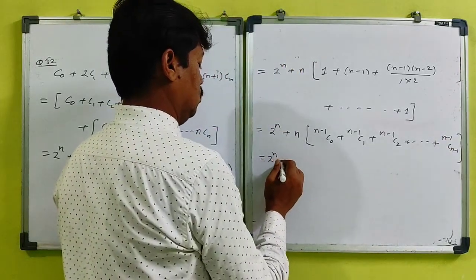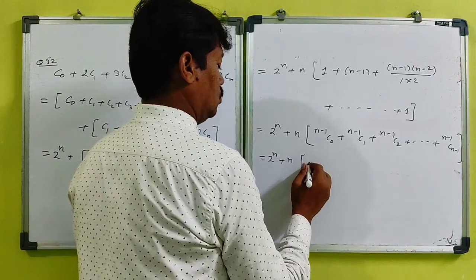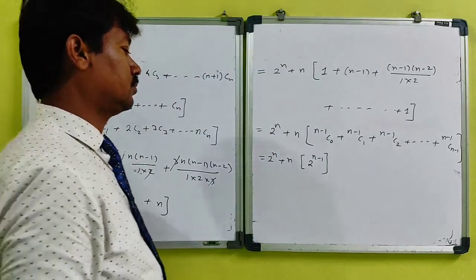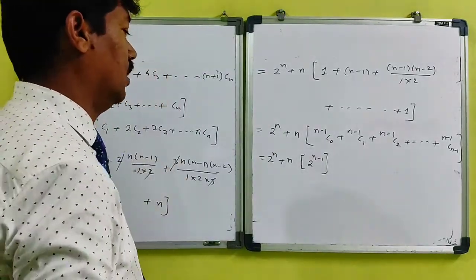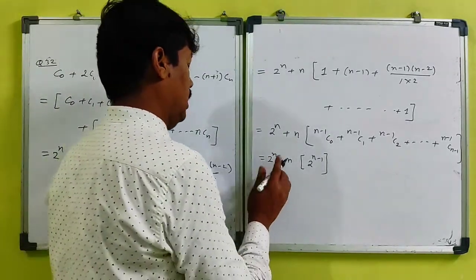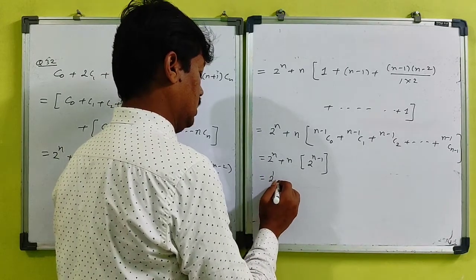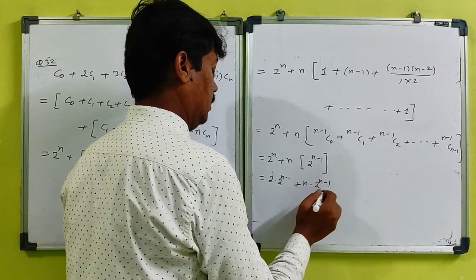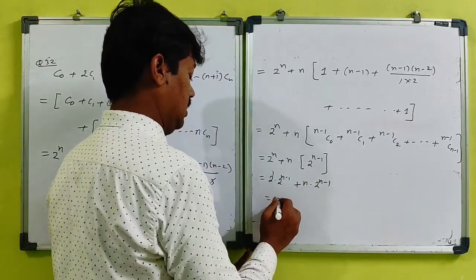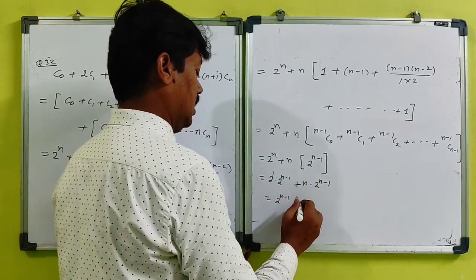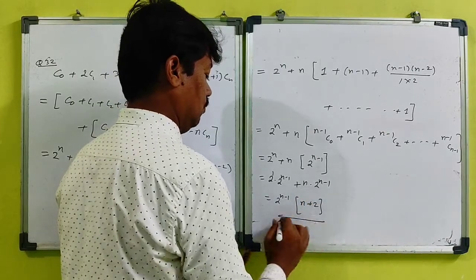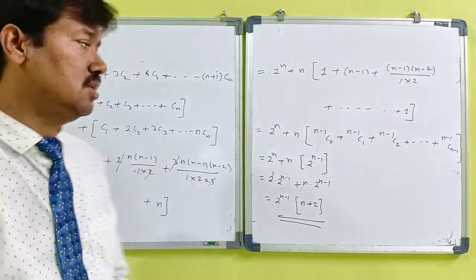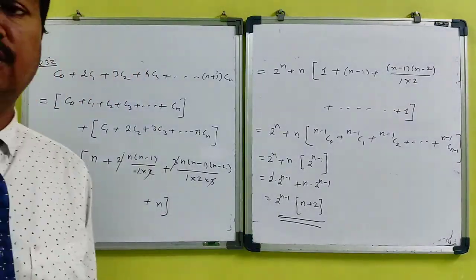So it is 2 raised to n plus n into 2 raised to n minus 1. 2 raised to n we can split as 2 into 2 raised to n minus 1. So 2 raised to n minus 1 is common here, and that becomes n plus 2. So 2 raised to n minus 1 into n plus 2 is the answer for question 32.